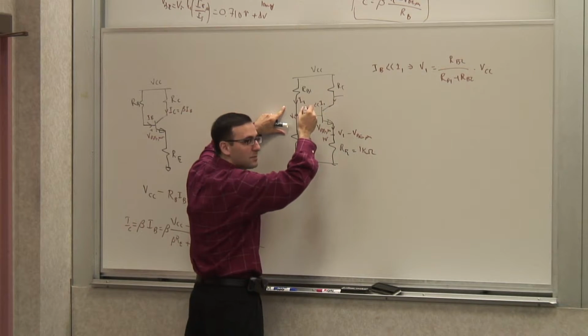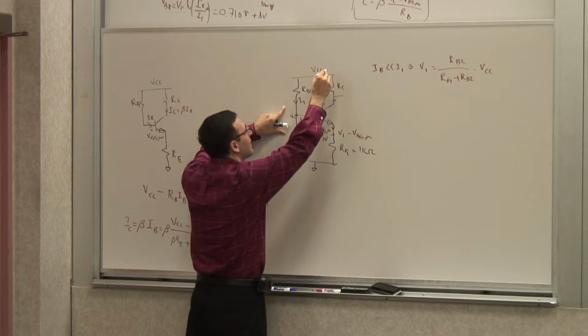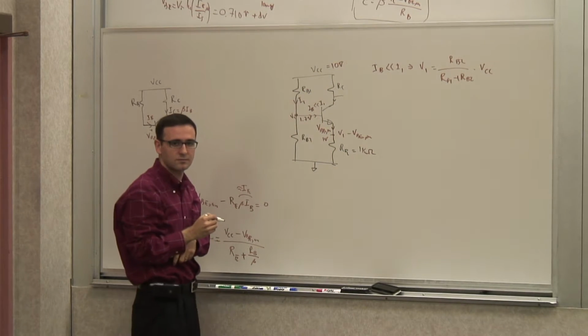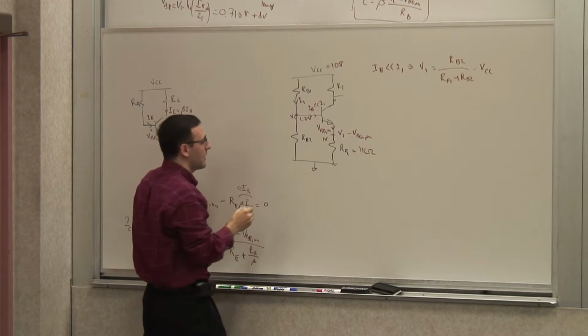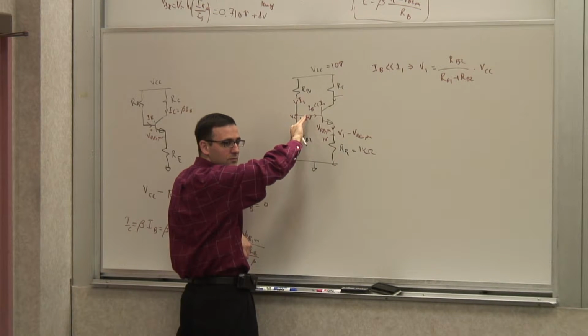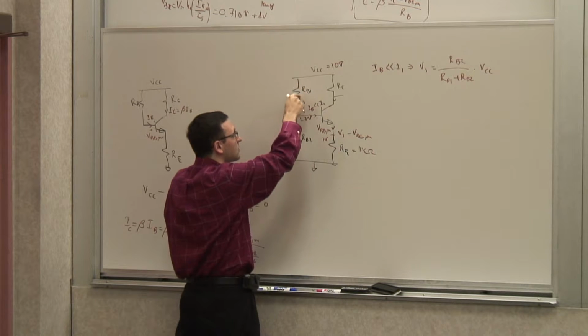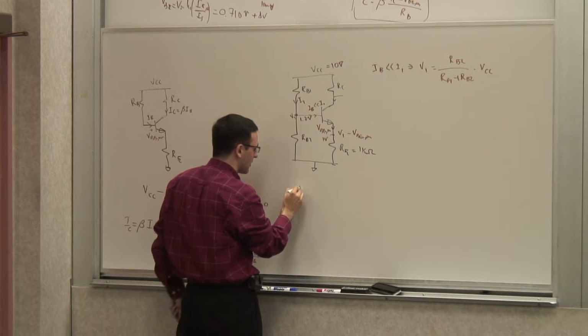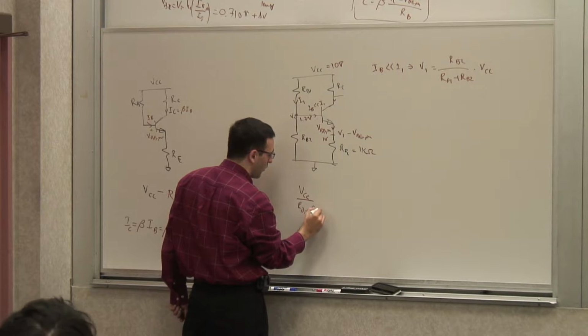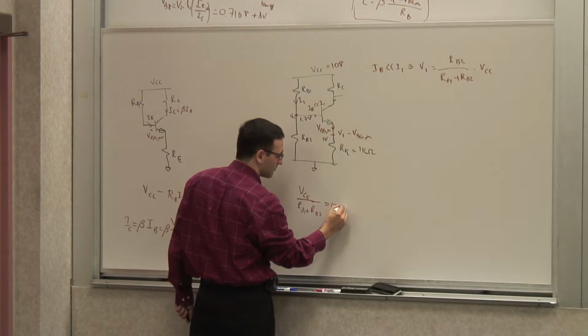So what does that tell me about my VCC? Let's say my VCC is fixed, say 10 volts. What does it tell me about the sum of these two resistors? What is the current through this branch if you ignore the base current, which is much smaller? It's VCC divided by RB1 plus RB2, and I want that to be 100 microamps.